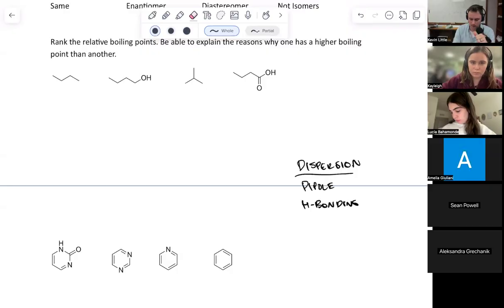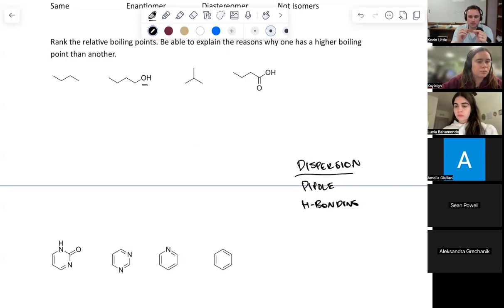But one thing that I've seen people fall into is being like, well, this has an OH and this doesn't. One carbon bigger or smaller isn't going to be a big difference in dispersion forces. But a big chain versus a small chain is going to be a huge difference in dispersion forces.